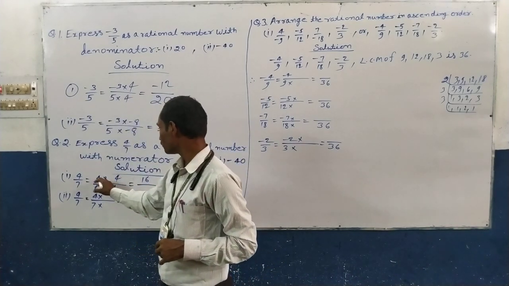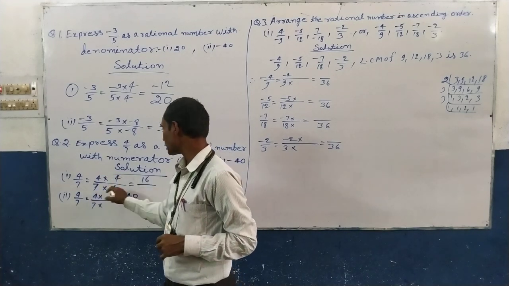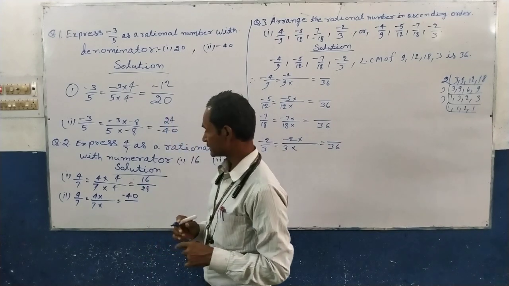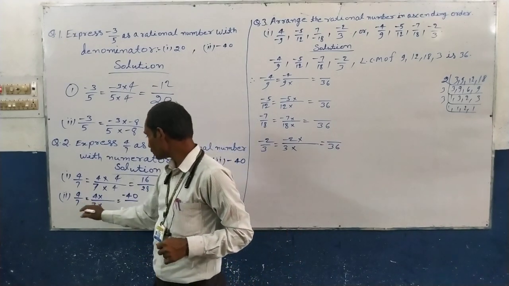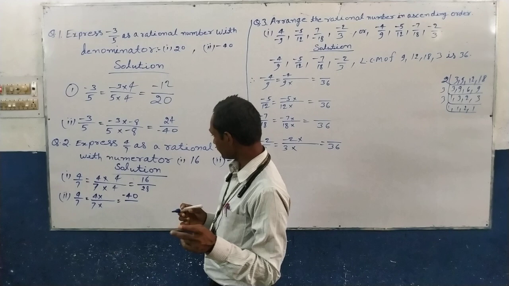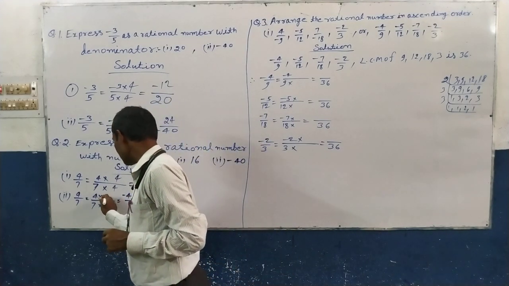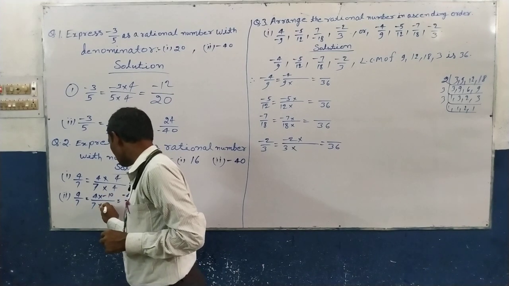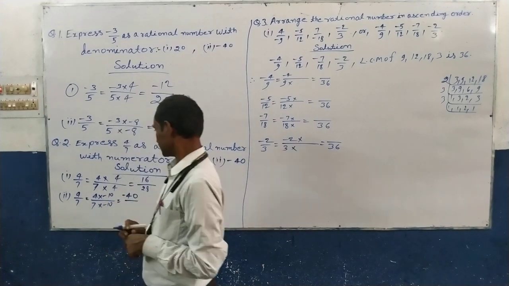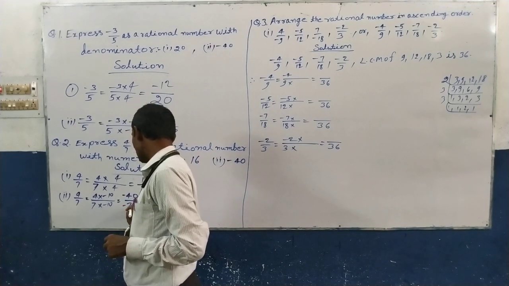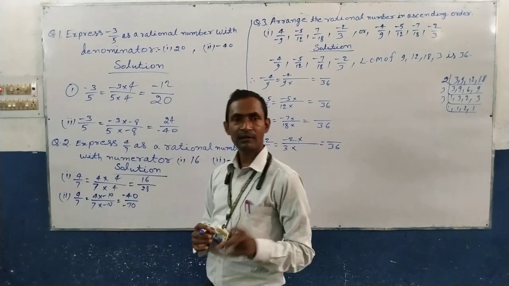We find 4 into 4 is 16, 7 into 4 is 28. Same 7/4, we find -40. Then multiply by -10 in both. Then -40 by -70. Clear?